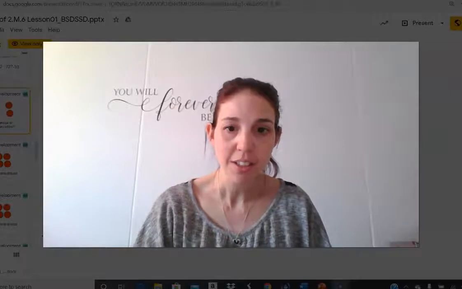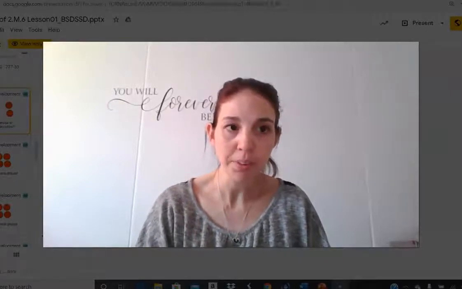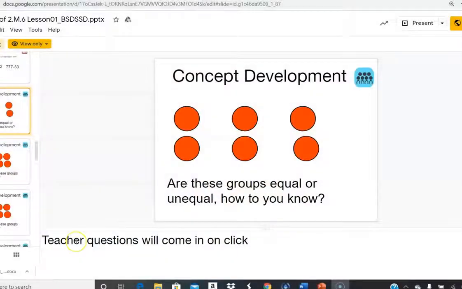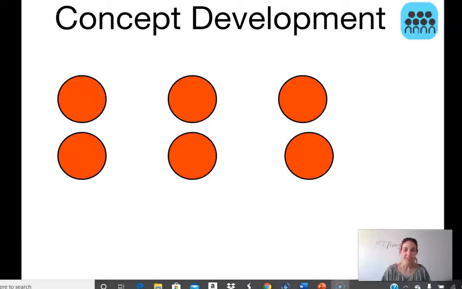Today we're going to be using a PowerPoint to help us with our lesson. Let's look at this group of counters, and we want to think about if these groups are equal.